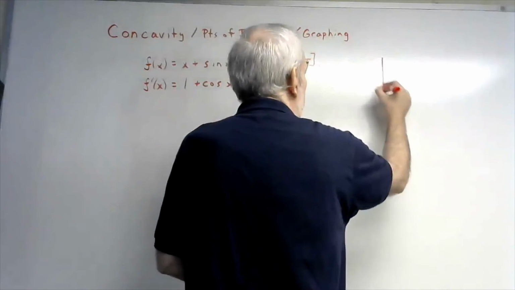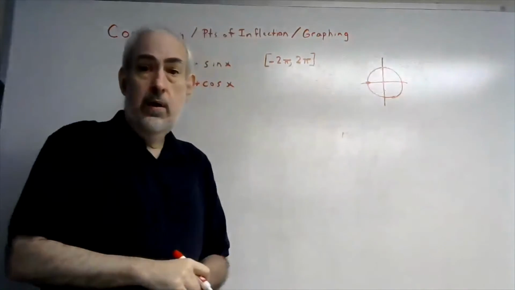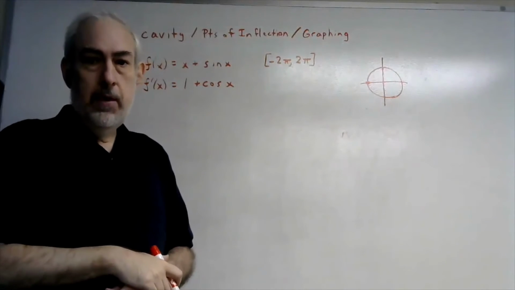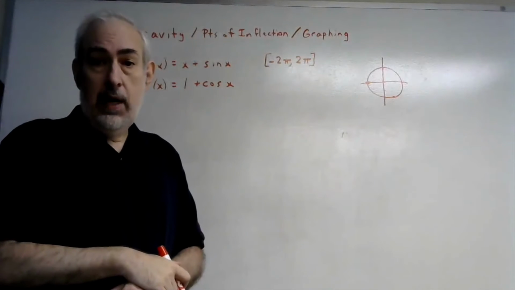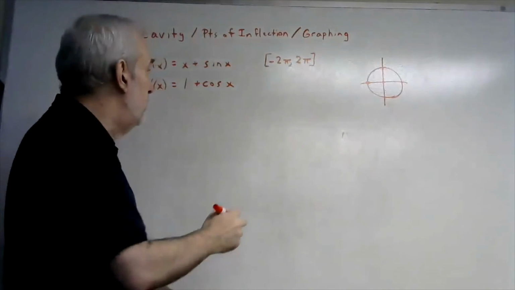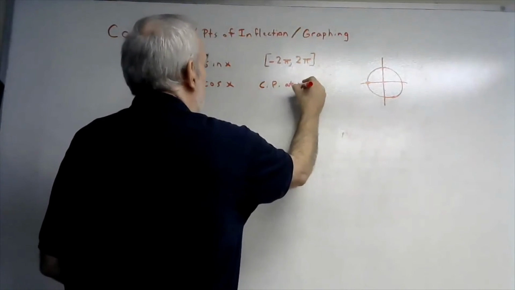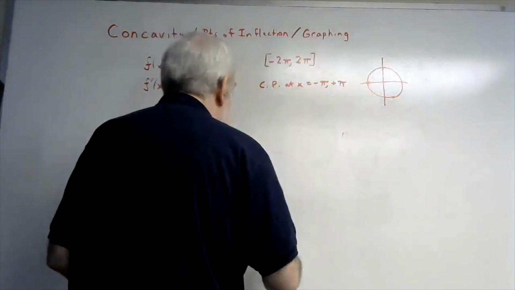And that's at positive pi or negative pi. And I believe those are the only two angles between negative 2 pi and positive 2 pi. So we have critical points at x equals negative pi and positive pi.